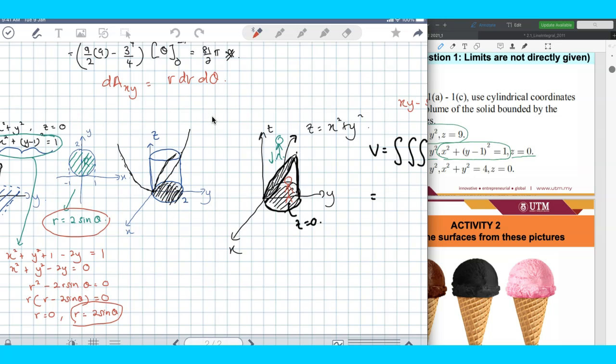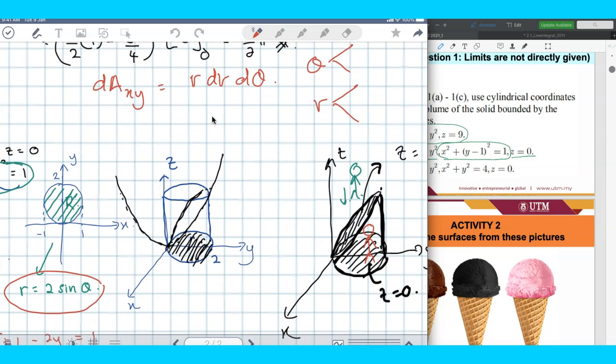What is the limit of theta and what is the limit of r? How can we determine the limit of r? You draw a line starting at the origin. So your lower bound of r is 0, and the highest is coming from this curve. What is the equation of that curve? It is given by 2 sine theta.